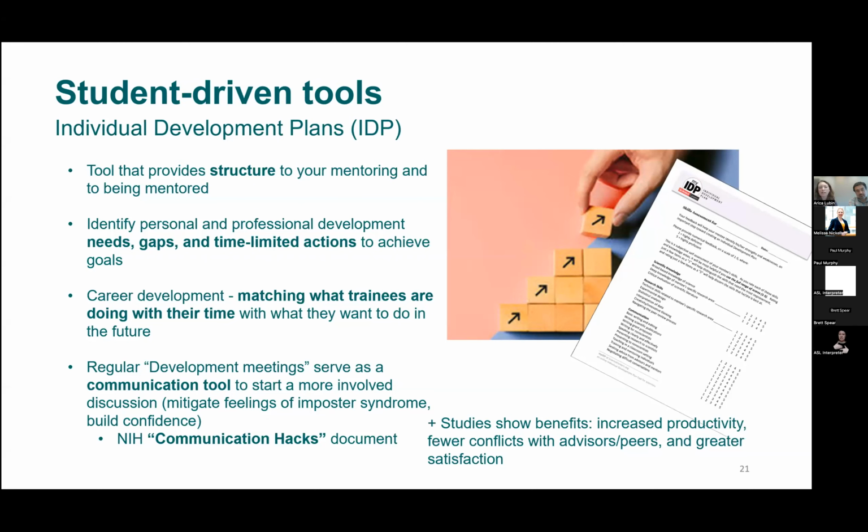It helps them identify both the personal and professional development needs and interests that they have, and then can show them where their gaps are in their skill development, in their knowledge, and in their mentoring network that they might need to fill in order to achieve their goals. And then, very importantly, it forces trainees to have time-limited actions associated with their goals.